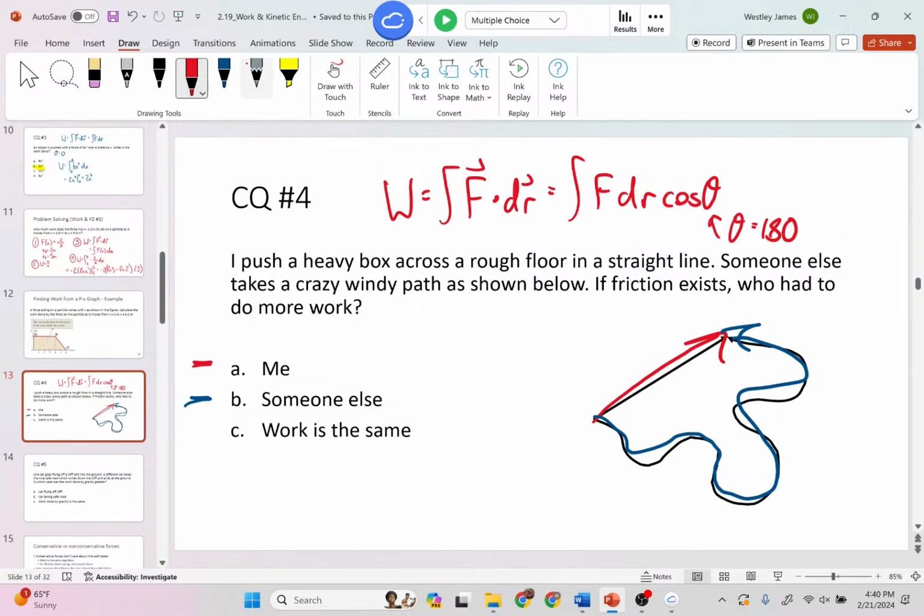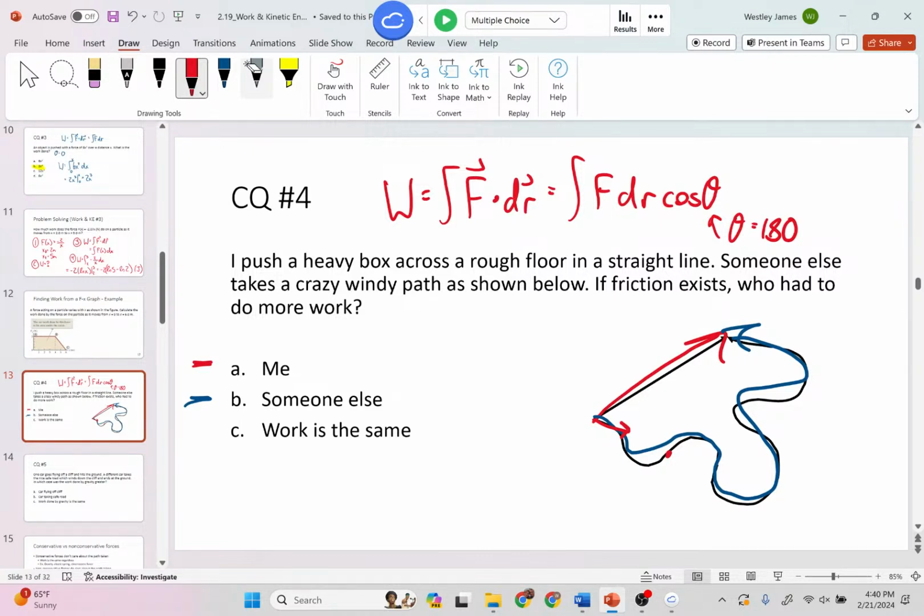It does not matter where you are or which way you're going. If I'm pushing it this way, friction is the other way. If I'm at this spot and I'm pushing it this way, friction is the other way. So friction and the direction of motion are always opposite to each other. So it is always cosine of 180, which makes it negative.